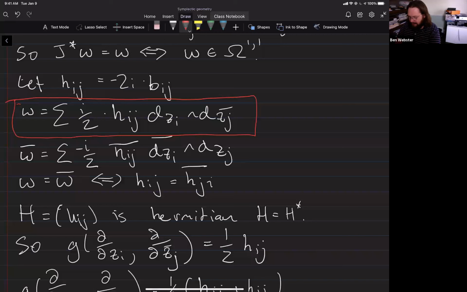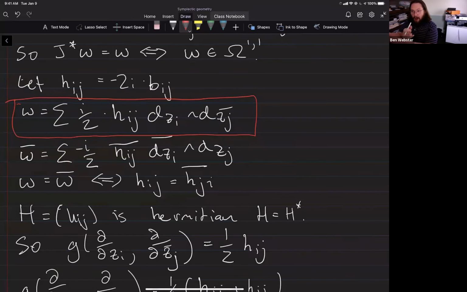So if I take the complex conjugate of omega, I get this expression: the i over 2 becomes a minus i over 2. This h_ij gets conjugated. My dz_i turns into a dz_i bar. My dz_j bar turns into a dz_j.